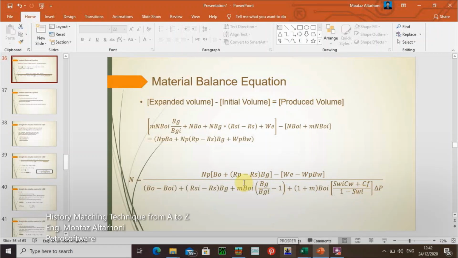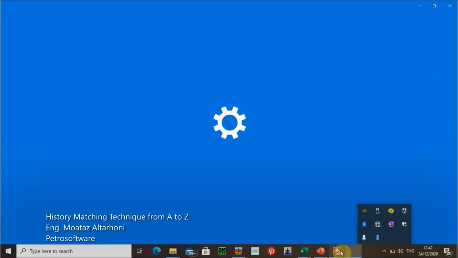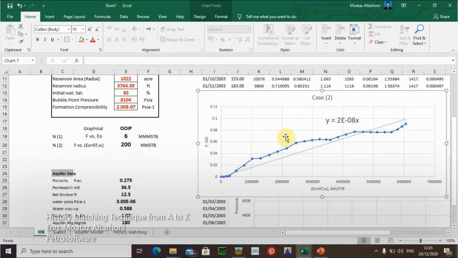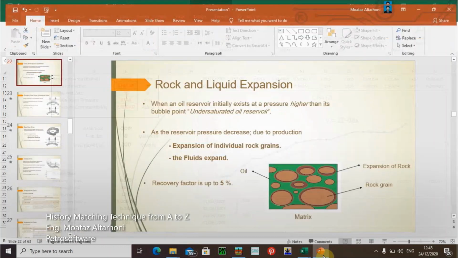So in our case study, in general, we don't have any water or gas cap, so that's acceptable. But here in the rock expansion, we assumed in the first case we can review more about this drive mechanism.